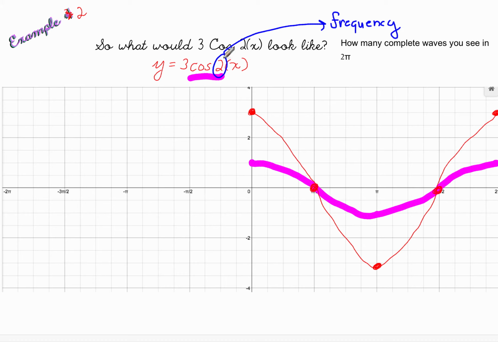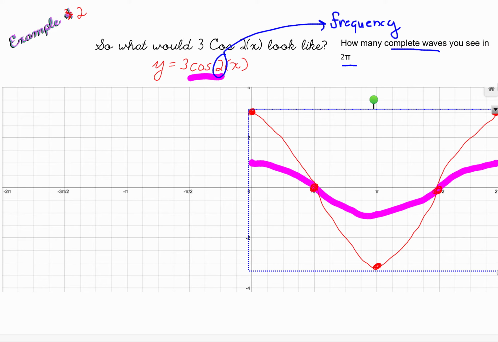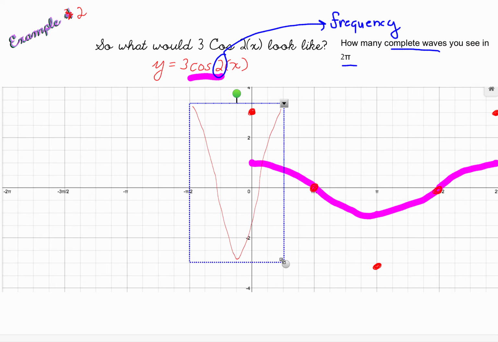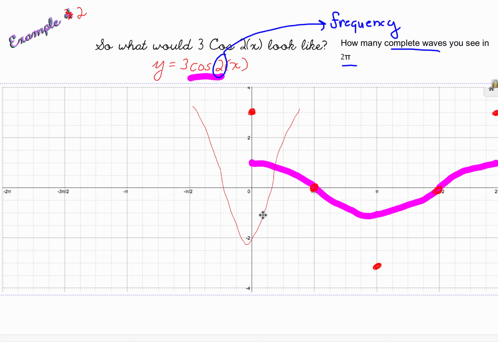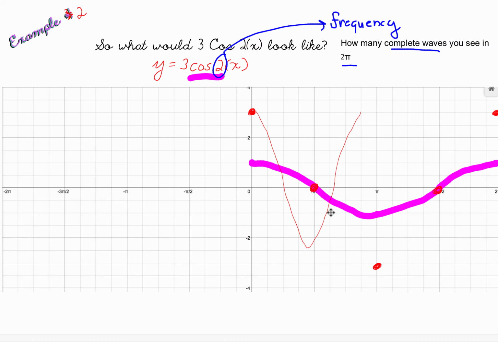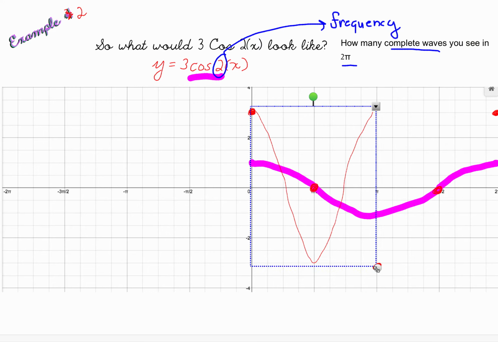This is telling me we'd like to see 2 complete waves in 2 pi, which means I've got to shrink this down and fit 2 of those into 2 pi. So that means one of them is going to have to fit into just pi. And it has to look something like that.